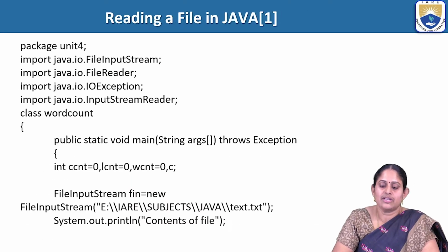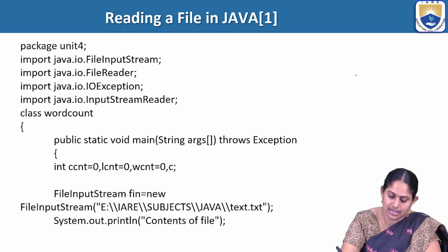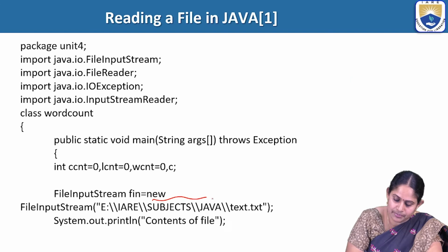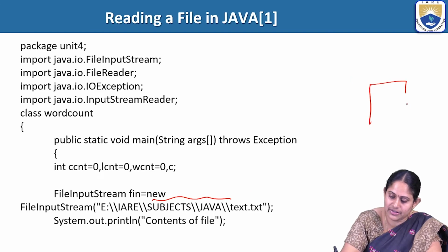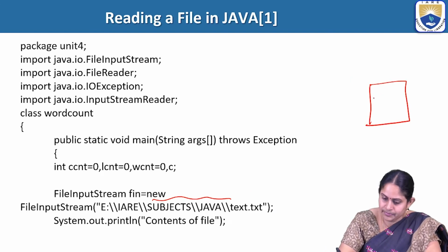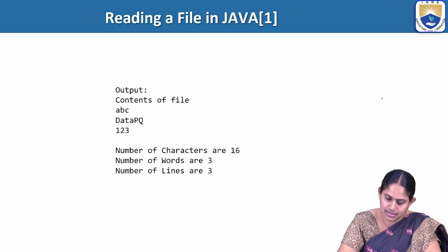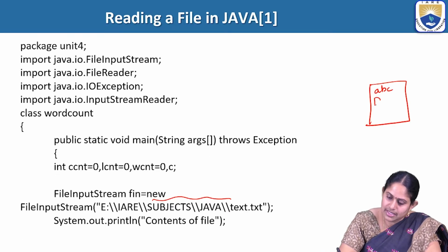So let's look into a simple example of reading data from a file. We are creating this file with some data. Let's say this file has ABC, then data PQ and 1, 2, 3.